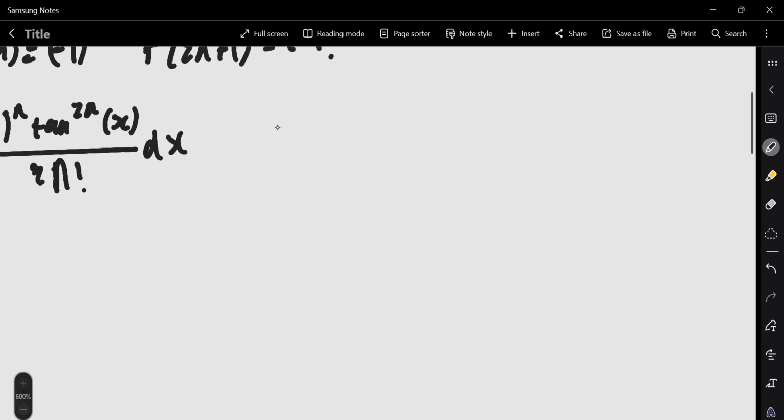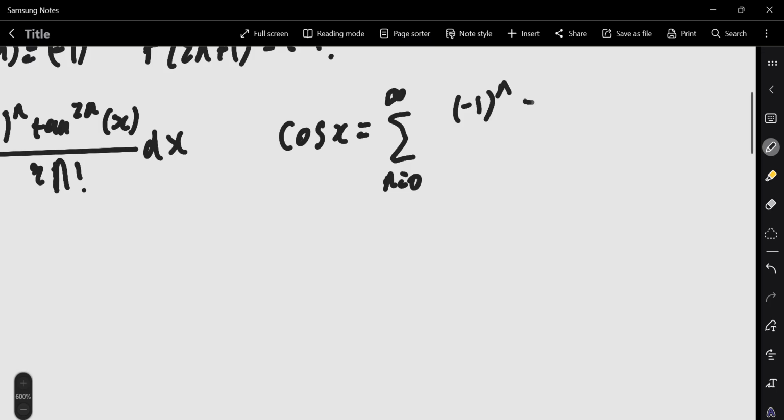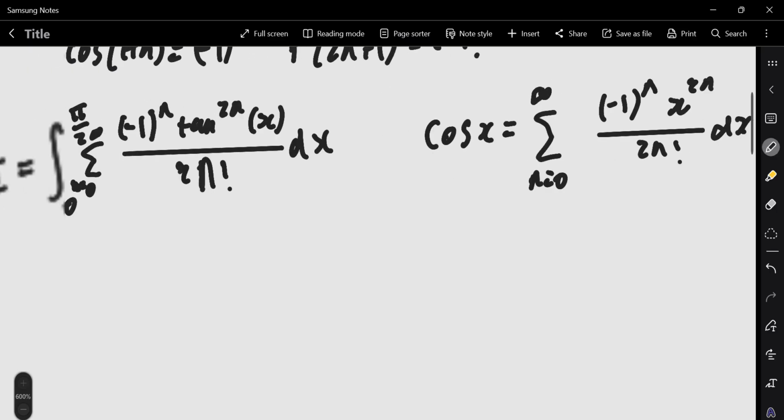Well, cos of x equals the sum from n equals 0 to infinity of minus 1 to the n, x to the 2n over 2n factorial. Yes, it is. So this makes sense.